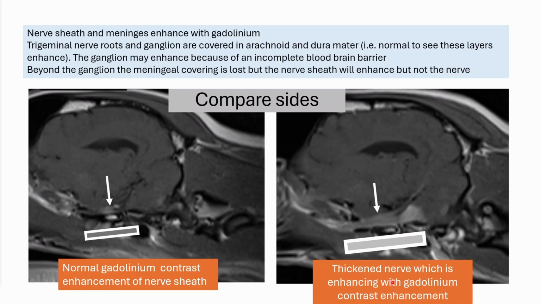Whereas the diseased nerve is often thickened, and you can see that it's enhanced and it no longer has the same shade of grey as the rest of the brain. And I will use the parasagittal technique of looking at the nerve to compare those different sides.